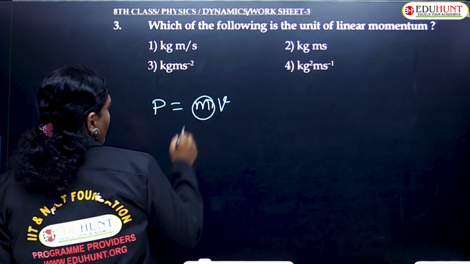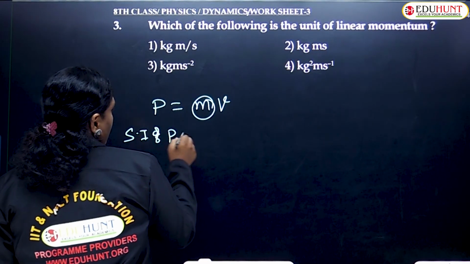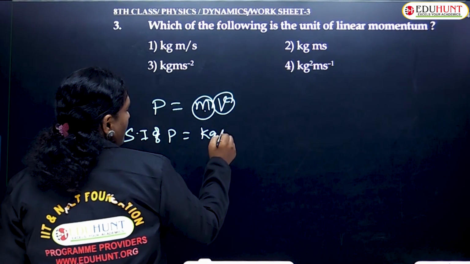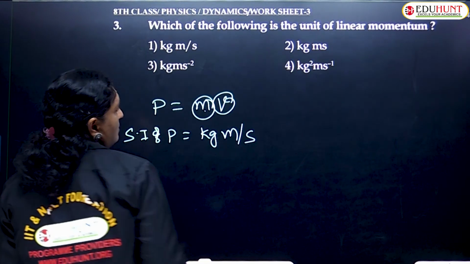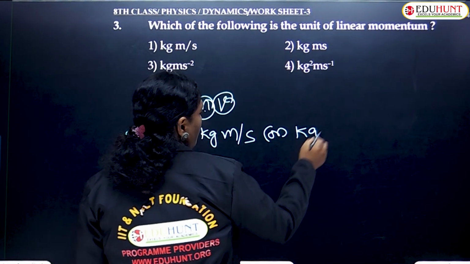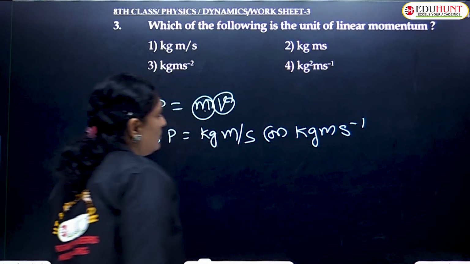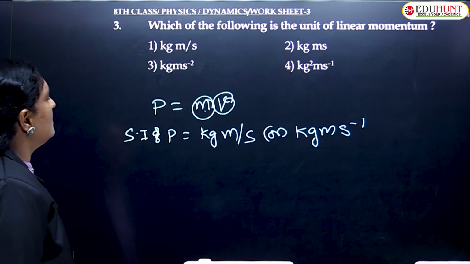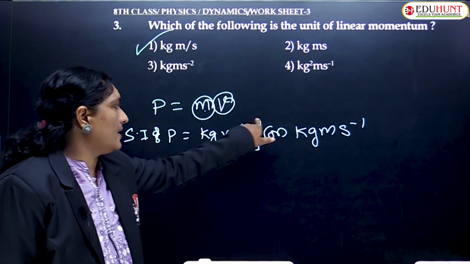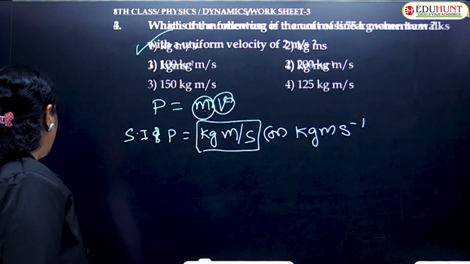So the SI unit of P: mass is measured in kg and velocity is measured in meter per second. So it is kg meter per second, which can also be written as kg meter second inverse. So where is the proper answer, children? Here goes your right answer, kg meter per second. So first option. Moving ahead.